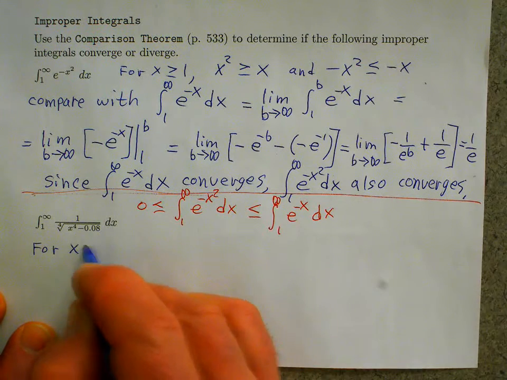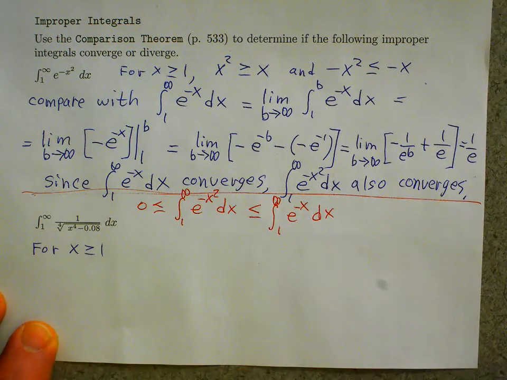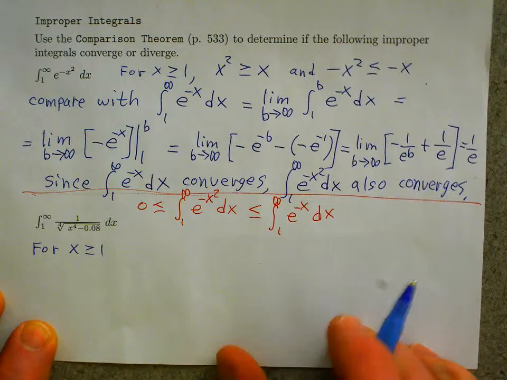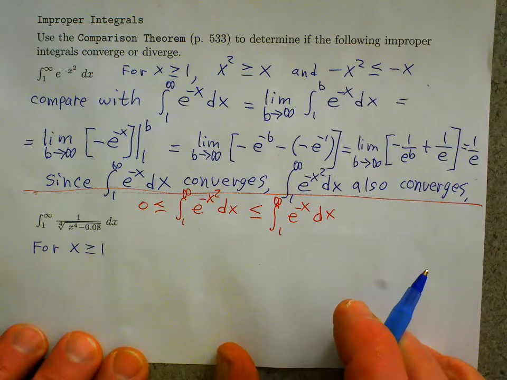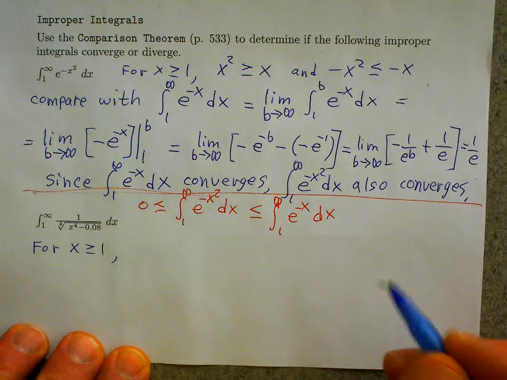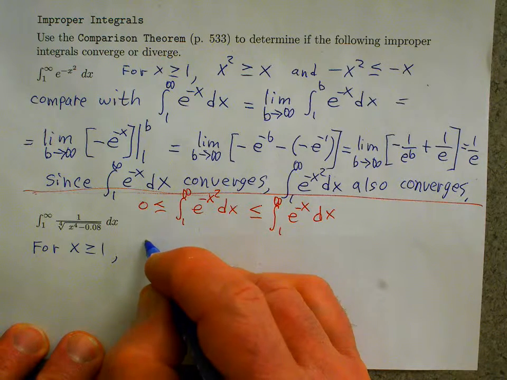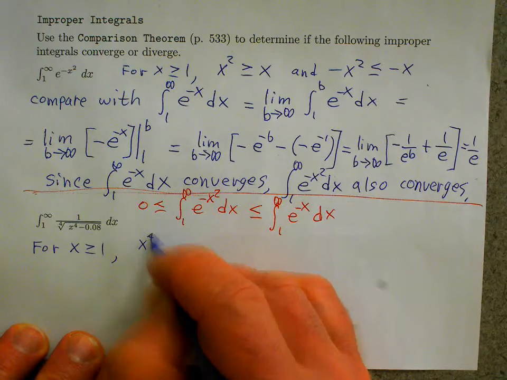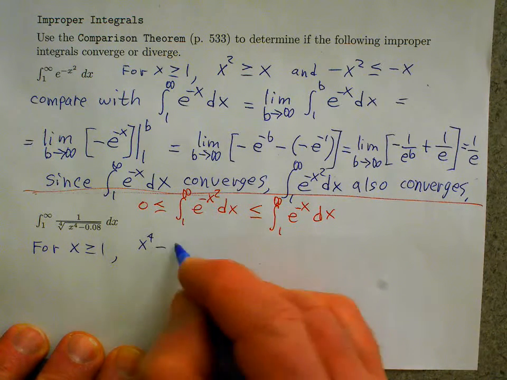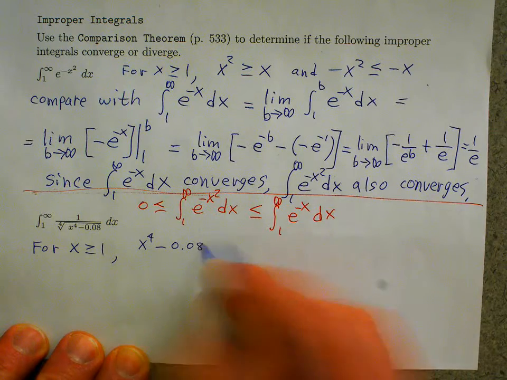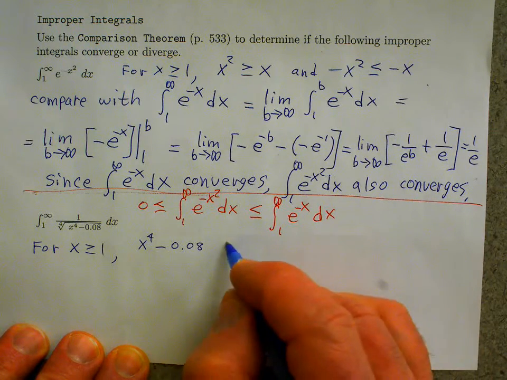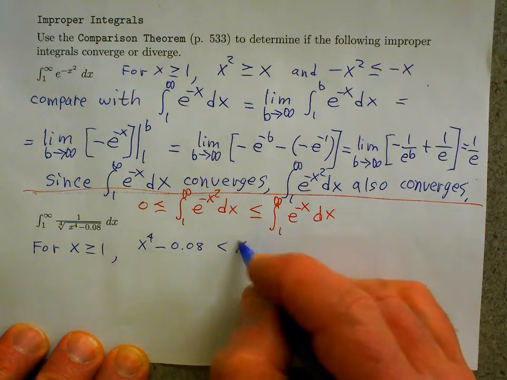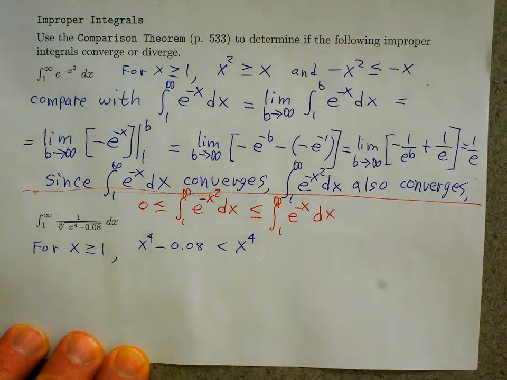Okay, but preliminary work. For x greater than or equal to 1, x to the 4th minus 0.08 is less than x to the 4th. We're in agreement?